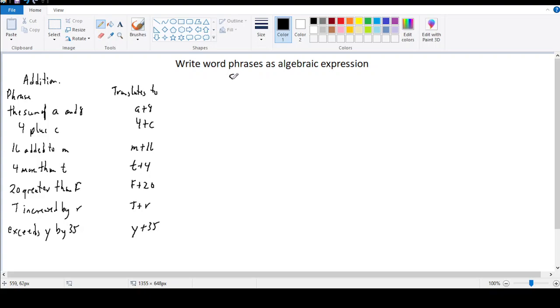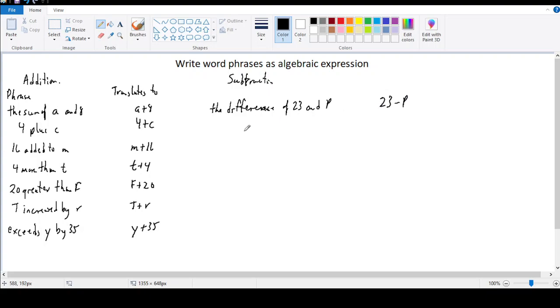Now let's put some for subtraction. We're going to do it the same way: a phrase, then how it translates. The difference of 23 and p translates to 23 minus p.